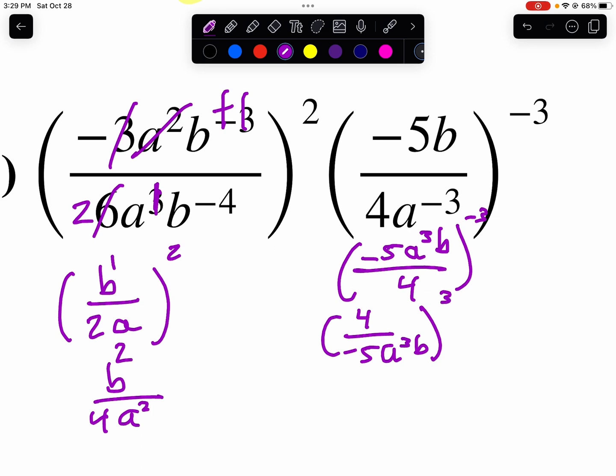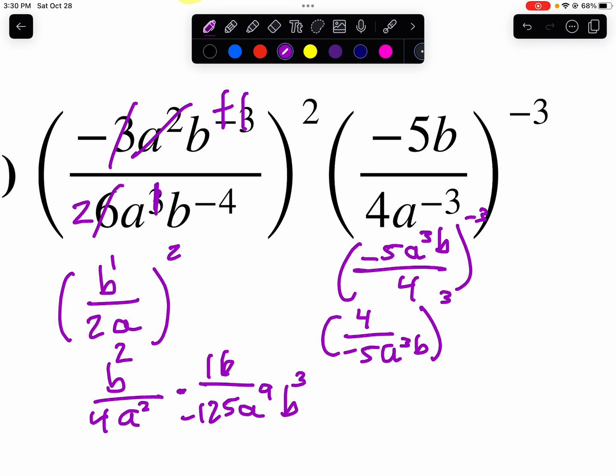I'll take that to the third power. So times, sorry about that, it's a times sign. And then I take 4 to the third, I get 16. Negative 5 to the third, I get negative 125. A to the third, so I get a to the ninth, and b to the third.